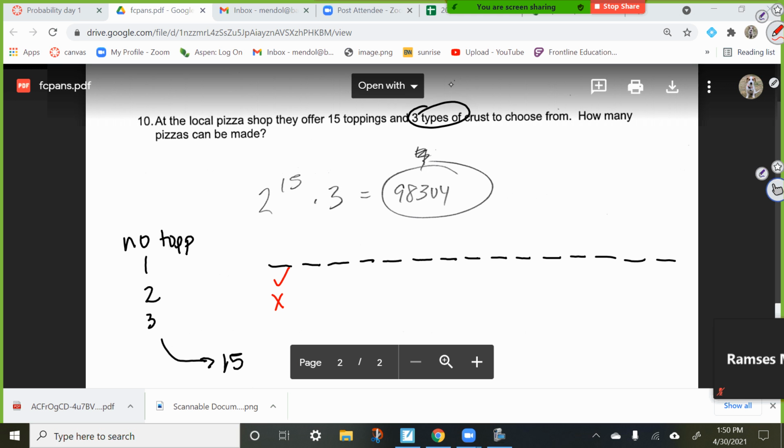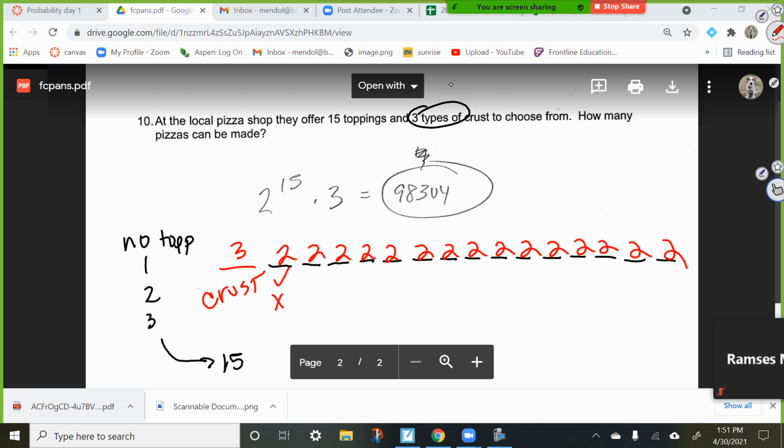So I did a 2 for all of those 15 toppings. There's 2 choices. You can either have it or not have it. And that tells you how many pizzas would be made with the toppings. Then I added 1 more line for the 3 options of crust.